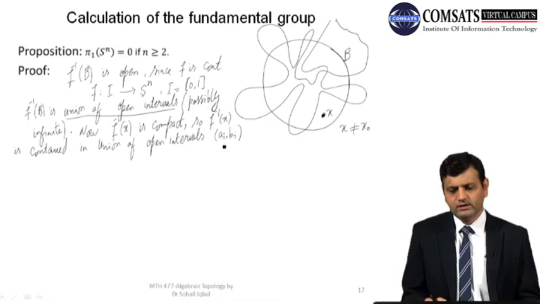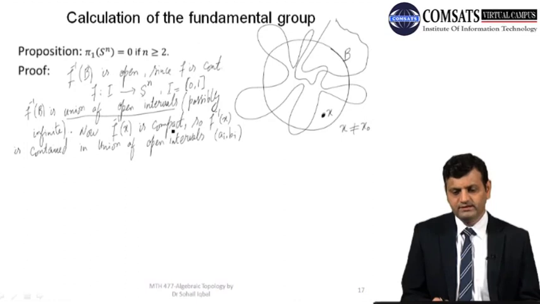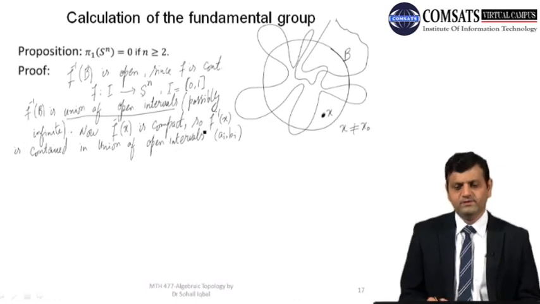Now the point is, since f inverse x is compact and it's contained in this union of open intervals, which could be infinite as well, the compactness of f inverse x says that f inverse x is contained in finitely many open intervals.